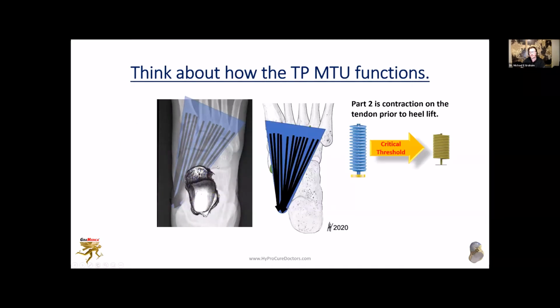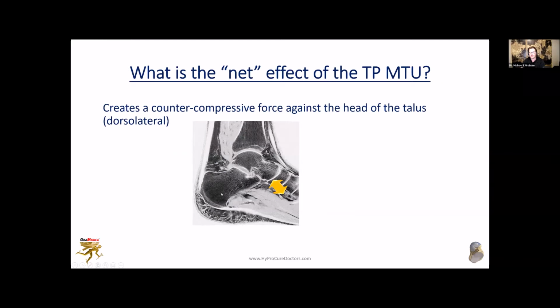So we have two phases where the tendon is elongated, and then where it recoils and helps to supinate the subtalar joint. During that early phase, when the talus is pronating, the tendon is pulling up on the navicular to try to prevent that excessive pronatory force.